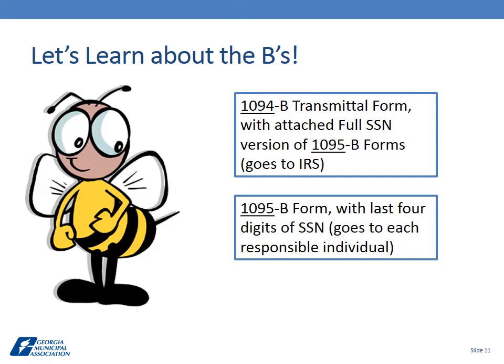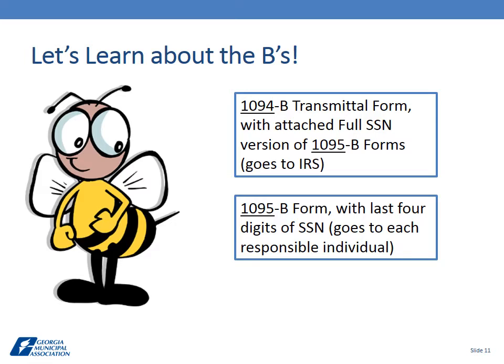Let's learn about the Bs. First, there's the 1094B. That is a transmittal form, and when you transmit that form, you are going to attach the full Social Security number version of the 1095B forms. The transmittal form and all the attached 1095B forms will go to the IRS.